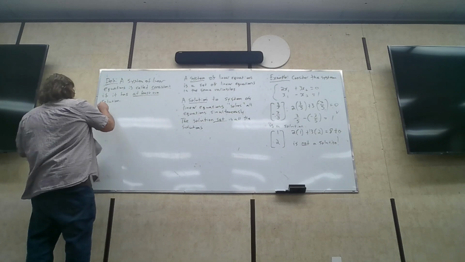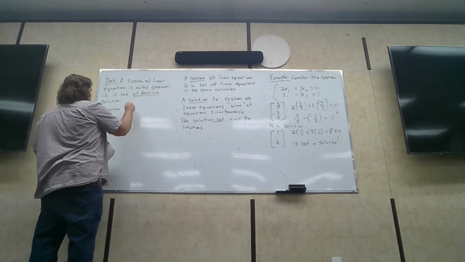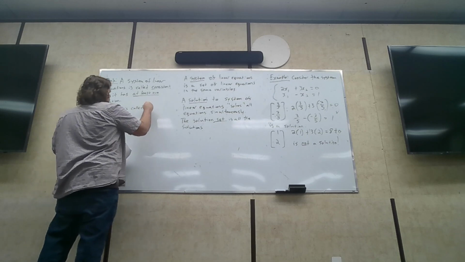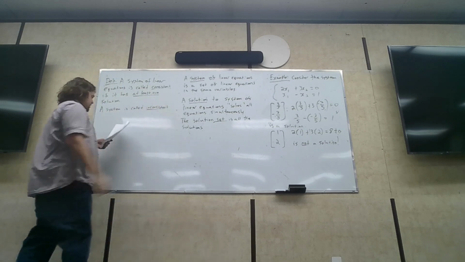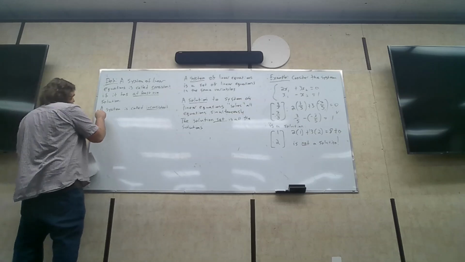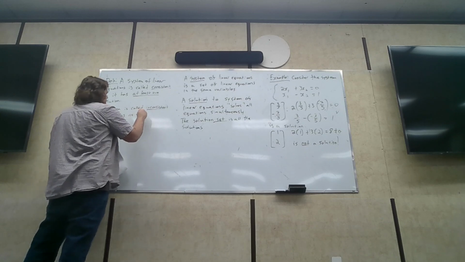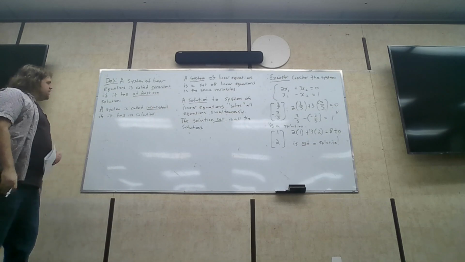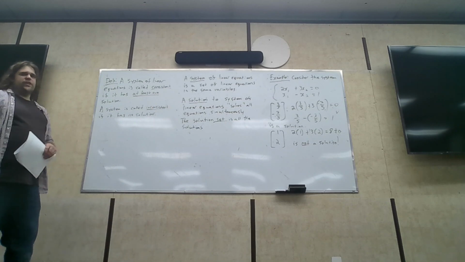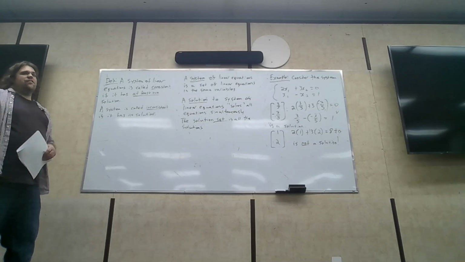So a system is called inconsistent if there isn't a solution. These words are there just because saying it has at least one solution is a mouthful, and it comes up often enough that we just gave it a word, right?